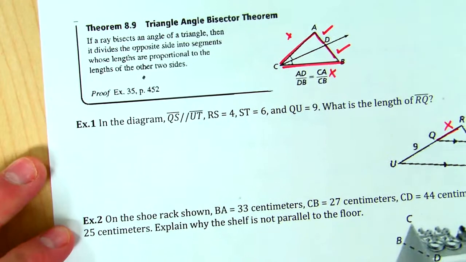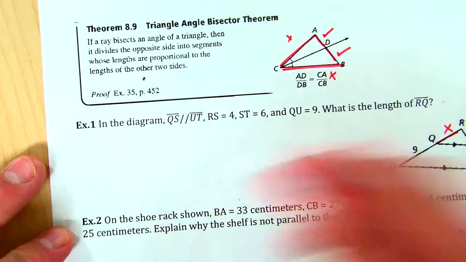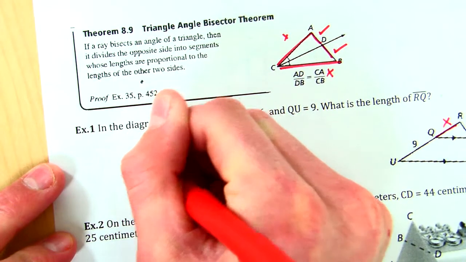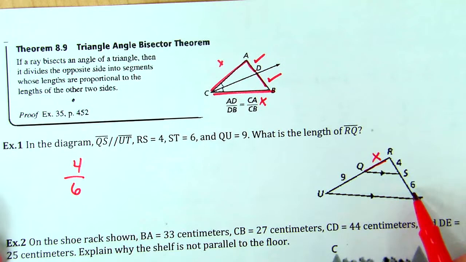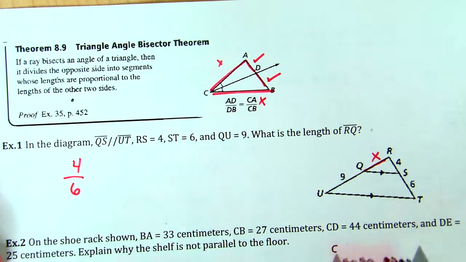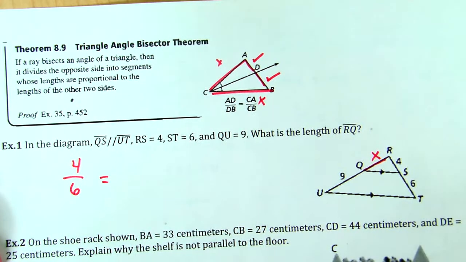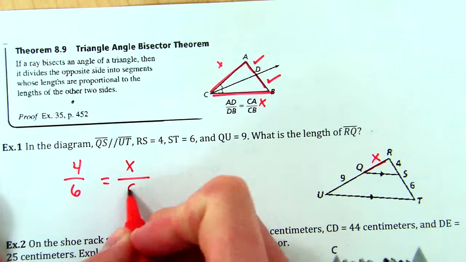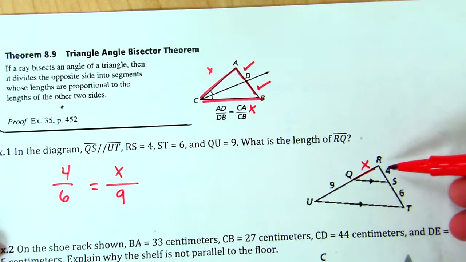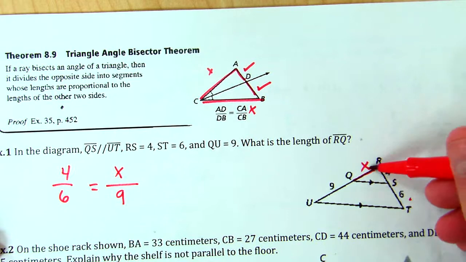What that would look like in example 1 here is that if I took 4 over 6, RS over ST, that would have to be the same ratio as x, or RQ, over 9. 4 over 6 equals x over 9.